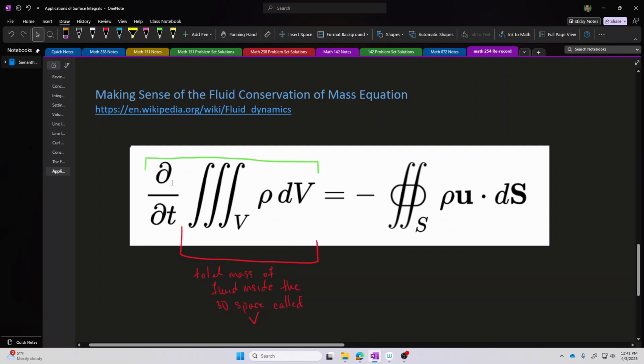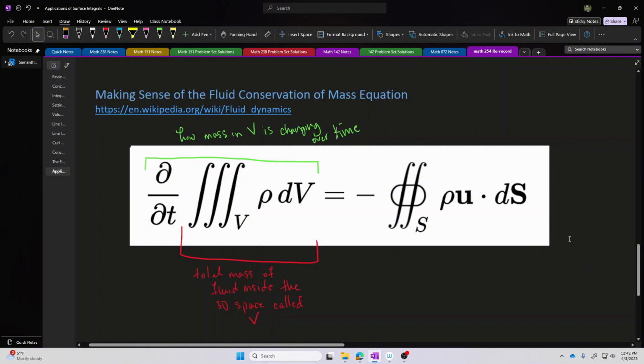In particular, this partial derivative is talking to us about how the total mass inside this three-dimensional space is changing over time. So this is what is being expressed on the left side of the equation. This partial derivative of this triple integral of density is saying, okay, how is the mass in this three-dimensional volume called V changing over time?